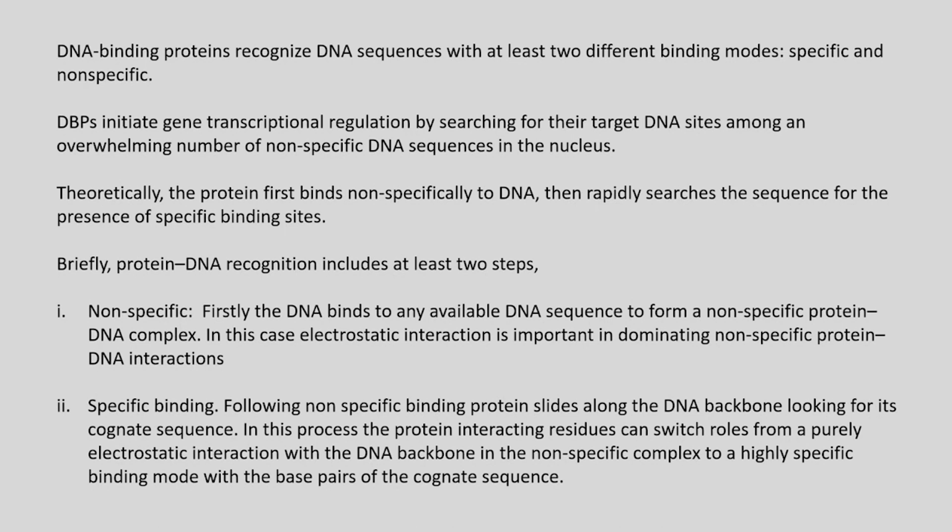Theoretically, the protein first binds non-specifically to any given sequence of DNA and then rapidly searches the sequence for the presence of specific binding sites. In doing so, it sometimes moves along the DNA strand to look for its cognate sequences.